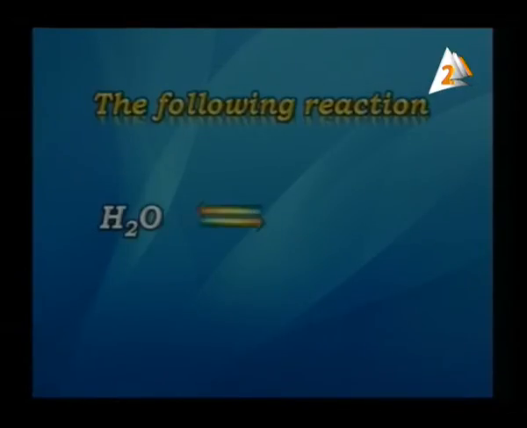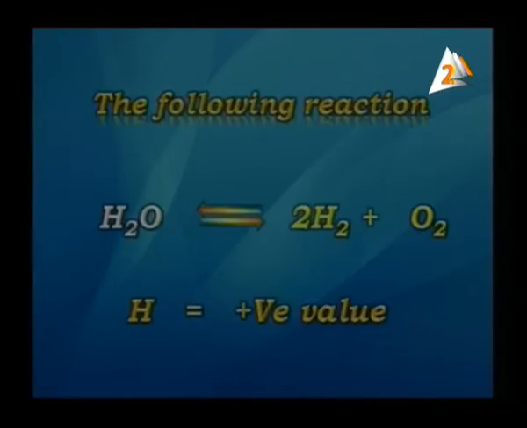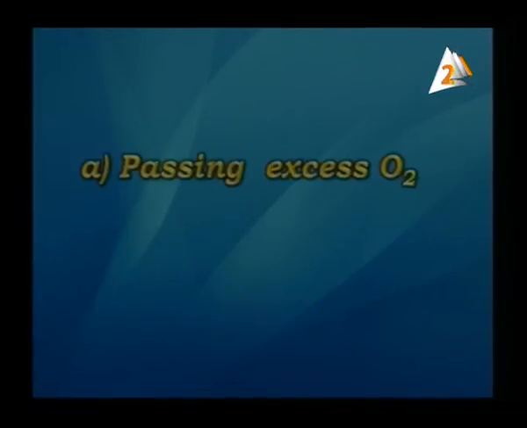But also we have the following reaction. Look. H2O, reversible reaction, 2 hydrogen molecule plus O2. Here 2H2 plus O2 and delta H equals a positive value. So here this one is the reaction. The reaction is very important. We need passing excess oxygen. Do you see what the effect is?